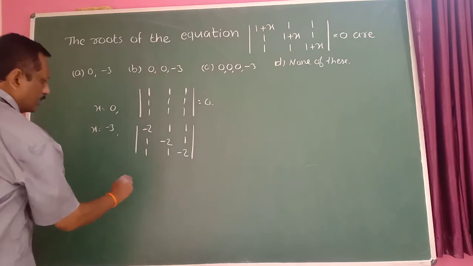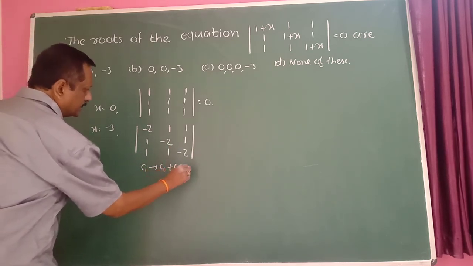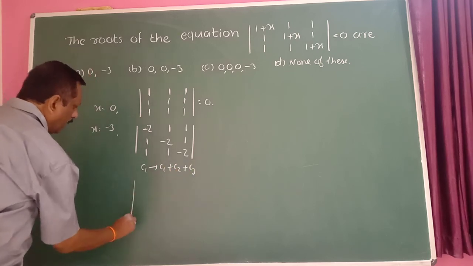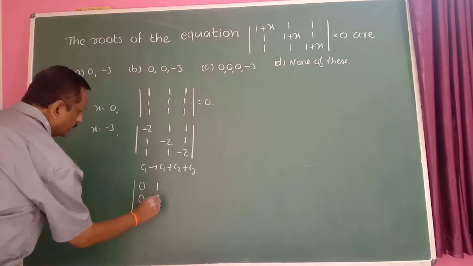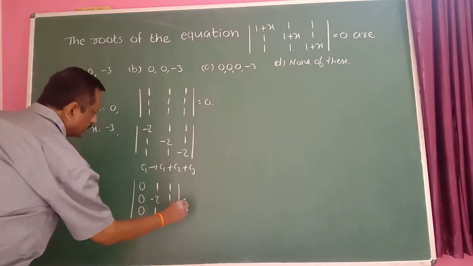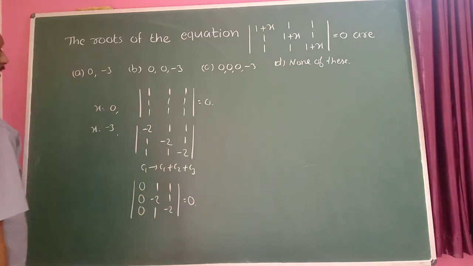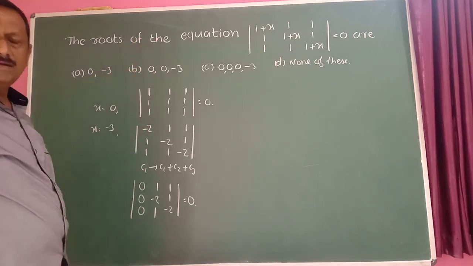Then adding all the columns here, C1 gives here C1 plus C2 plus C3 here. So 0, 0, 0, 1 minus 2, 1, 1, 1 minus 2 here. Hence the value of the determinant is 0 here. Therefore 0 and minus 3. Actually here all the options are correct here, but it is a third order determinant here.